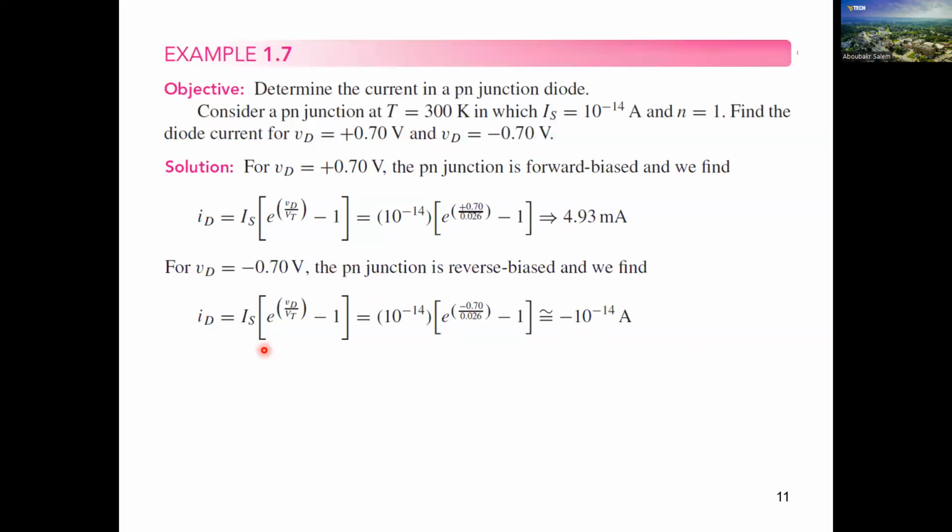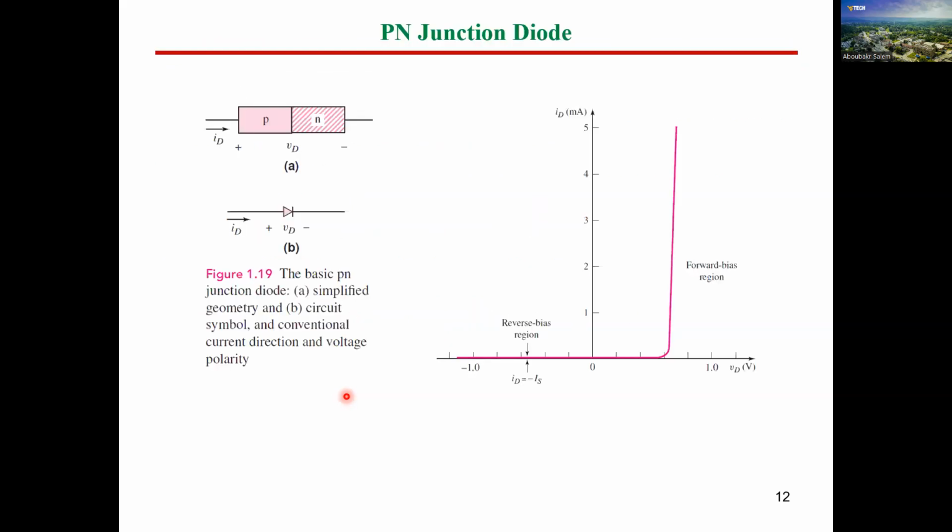So why do we have the saturation current here? Because VD is negative, which means it's reverse biased. So the mathematical model actually now matches the theoretical background we just discussed. So positive volt will allow a current to flow. Negative volt will allow only the leakage current to flow, or let's say it's going to be ideally like an open circuit. Okay, guys. So this is just a quick application for our current relation.